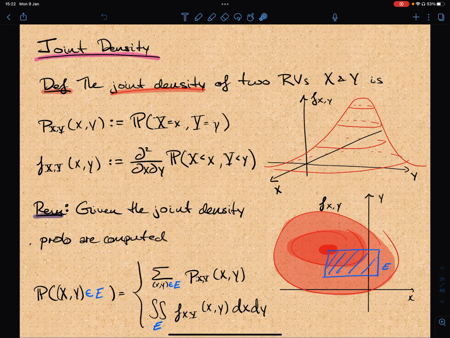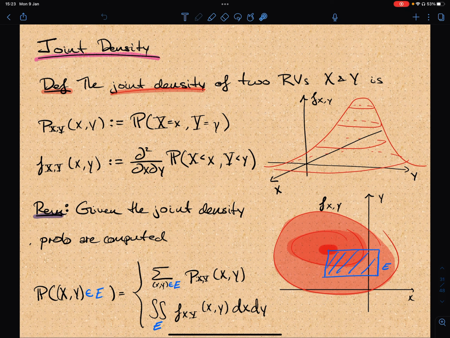And this is the induced probability function for two random variables. And you can compute the probability of any event using countable additivity using this probability distribution. And similarly, using countable additivity, you can compute the probability of any event using the density function.